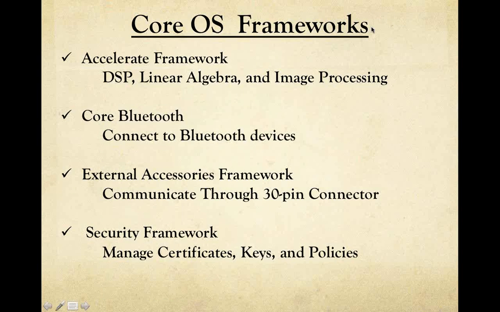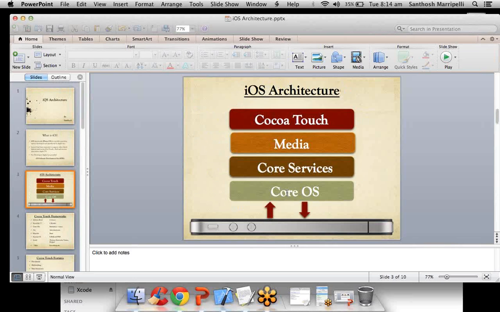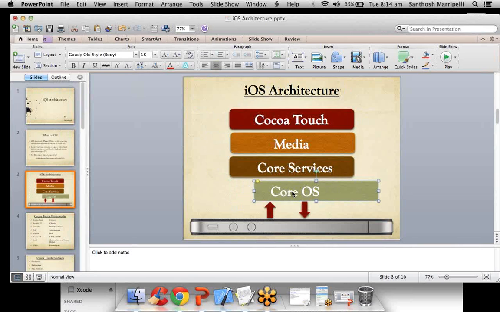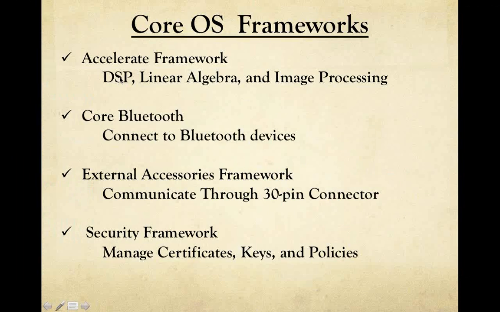So the last layer is the Core OS framework. That is the last layer which is available for iOS. The Core OS framework contains the Accelerate framework. Accelerate framework is used to process linear algebra and image processing.